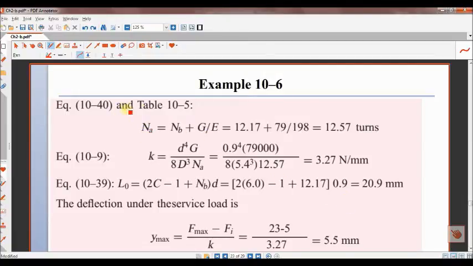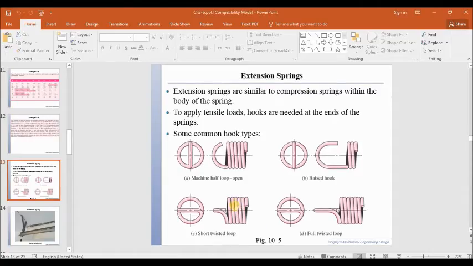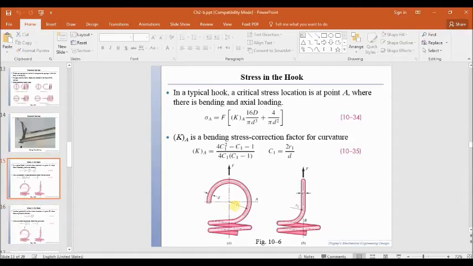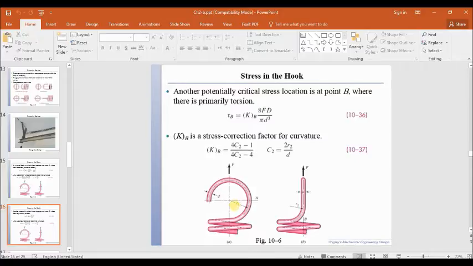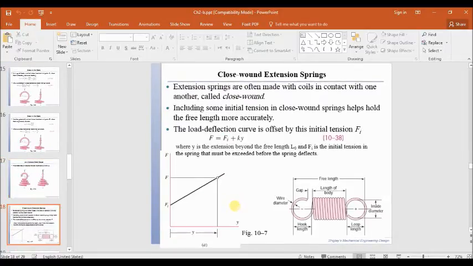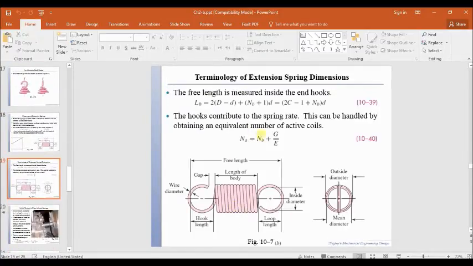The next parameter is the number of active coils. As we explained in lecture, in an extension spring, hooks also affect the deflection, and we have to find the equivalent number of active coils. This can be found by equation 10.40.